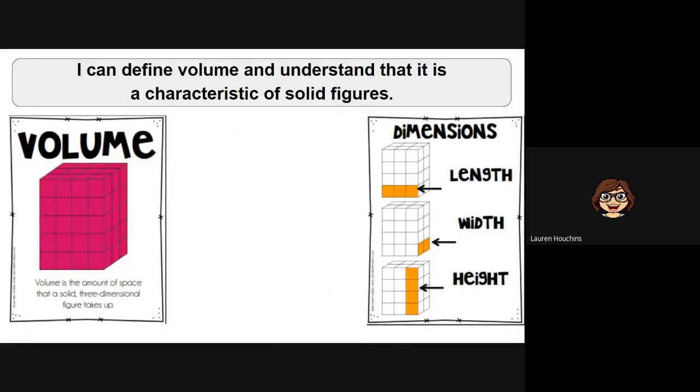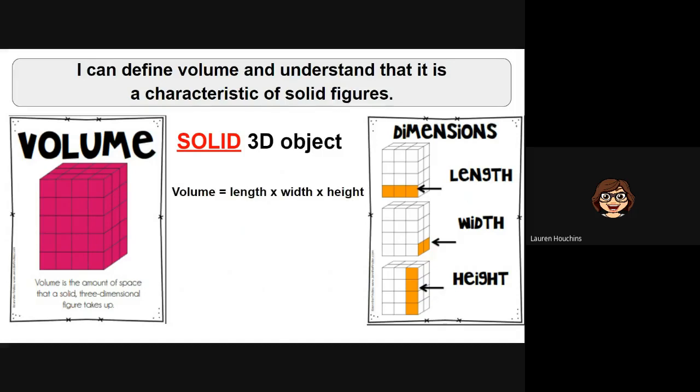So now looking at volume. Volume deals with a solid 3-dimensional object. So think of a cube. That is 3-dimensional. Anything that is not flat, we will be able to find volume with. And in 5th grade, we just focus on rectangular prisms.